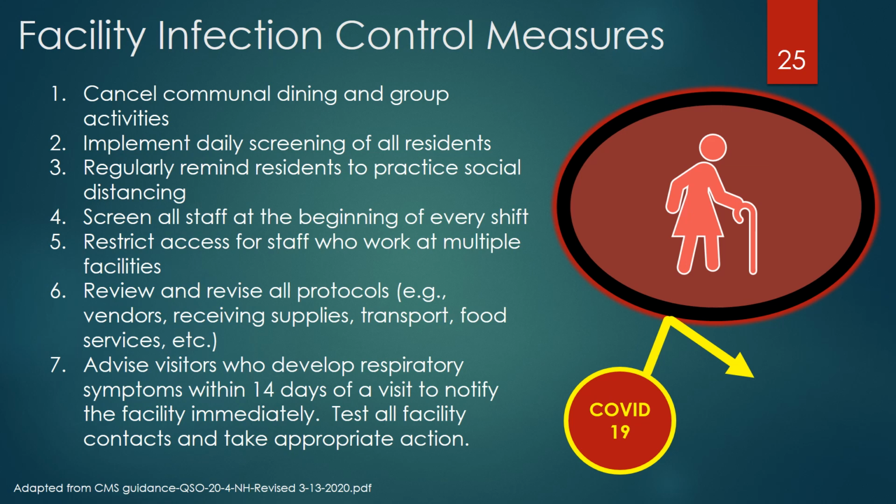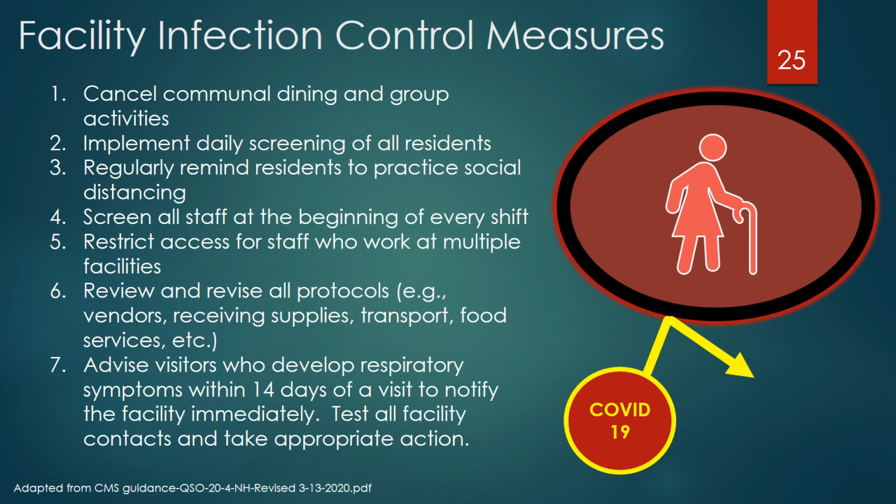transmission-based precautions. 7. Advise visitors and any individuals who entered the facility, like hospital staff, to monitor for signs and symptoms of respiratory infection for at least 14 days after exiting the facility.